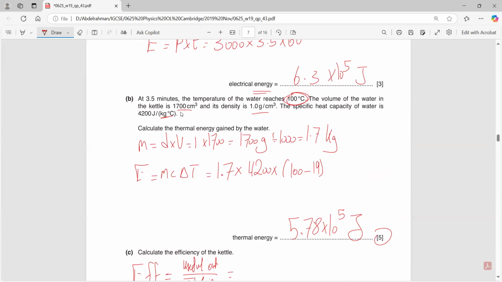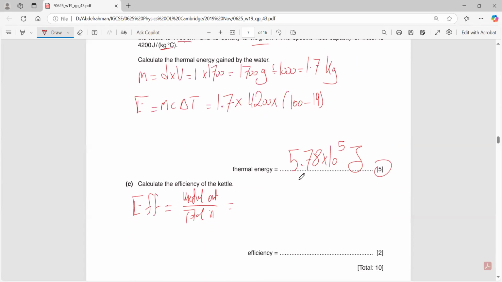So 6.3 would be the total input and 5.78 would be the output. So 5.78 times 10 to the power of 5 is the output, and 6.3 times 10 to the power of 5 is the total input. You can multiply by 100 to find the efficiency in percentage. 5.78 over 6.3.